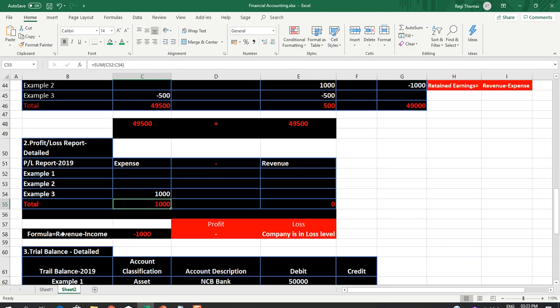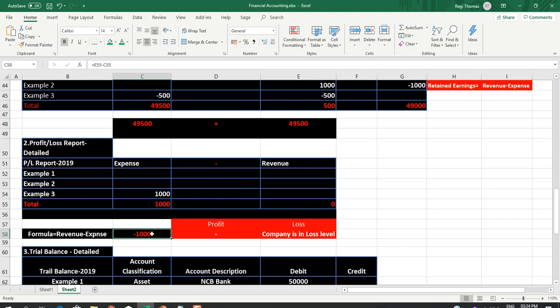The formula for profit and loss is revenue minus expense. My revenue is equal to 0, so revenue minus expense gives you a minus value.